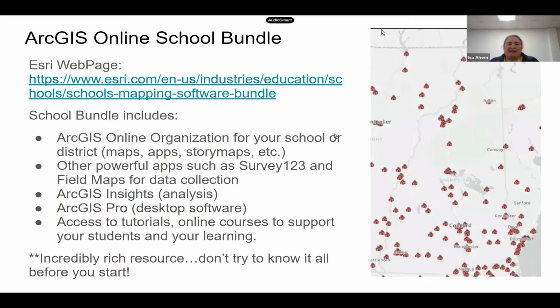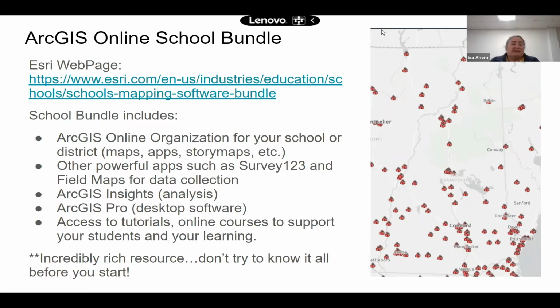Okay, so I think most of you have already taken care of this. You've gone to the webpage, you've seen whether your school has an organization. This is a map from that web page. What you ended up getting when you got an organization. Well, you got this organization that allows you to make maps, to create apps, to do story maps.